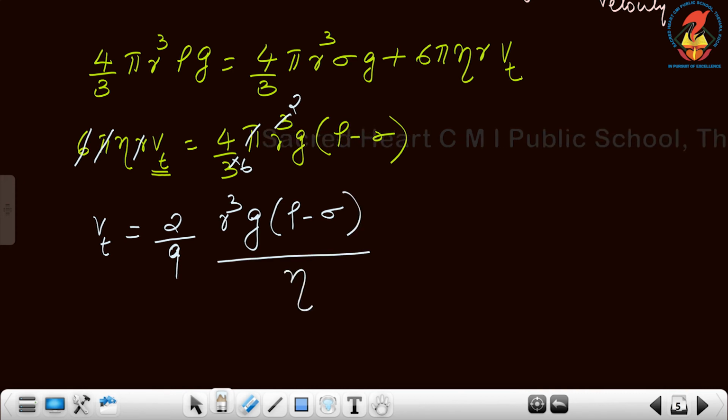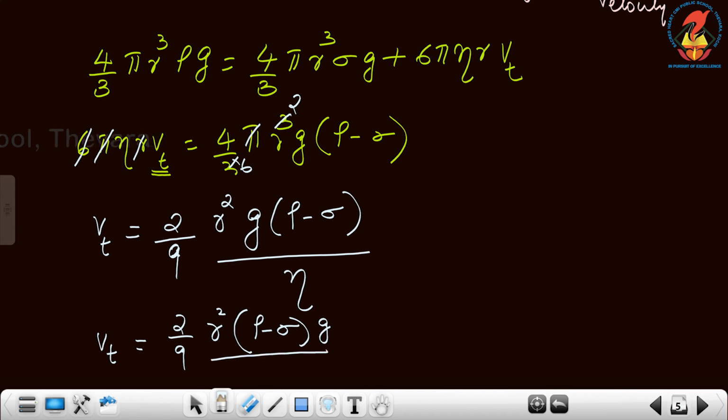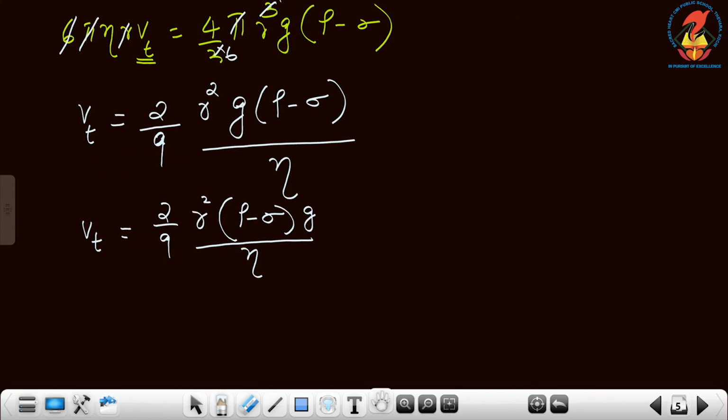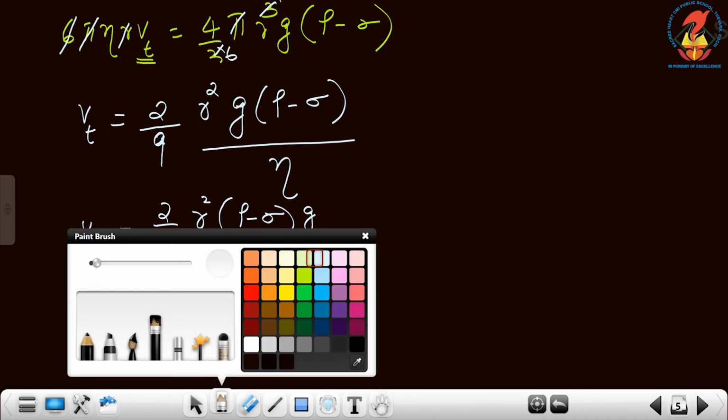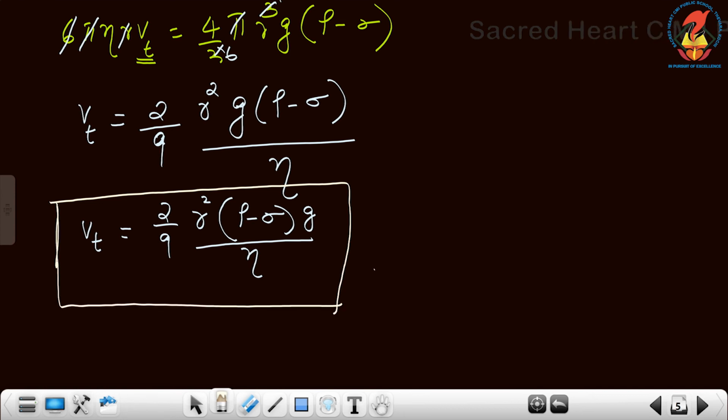So the expression for terminal velocity is Vt is equal to 2 by 9 into r square into (rho minus sigma) into g, the whole divided by eta. Now this is the expression for terminal velocity attained by a body which is moving through a viscous fluid.